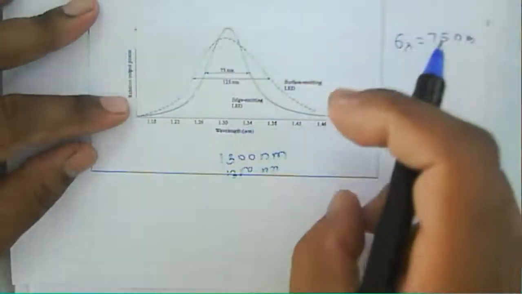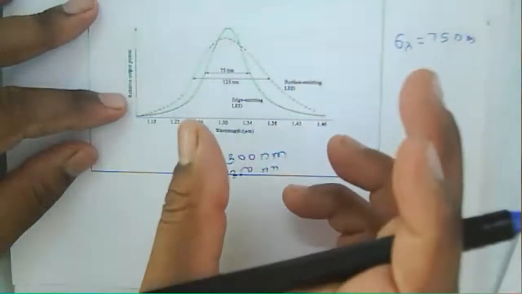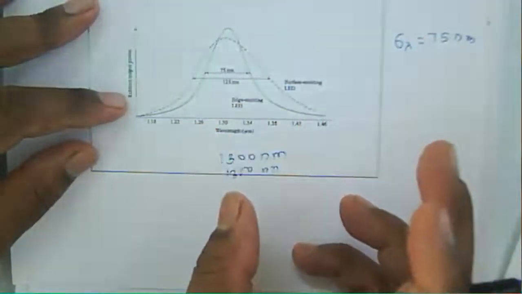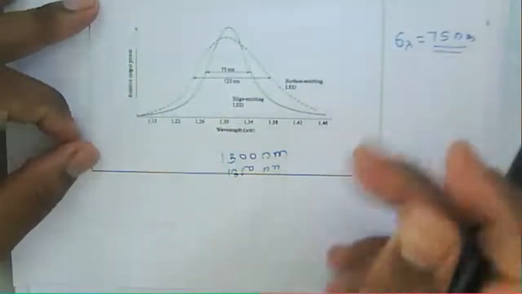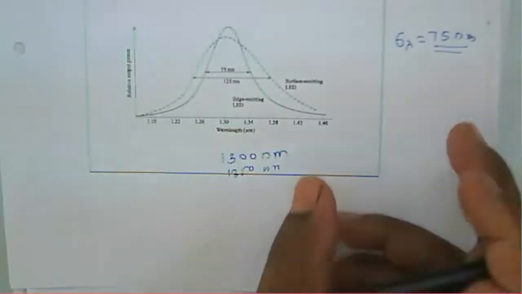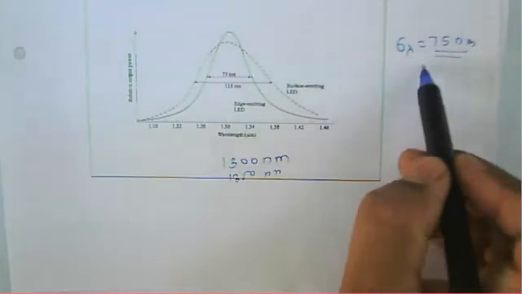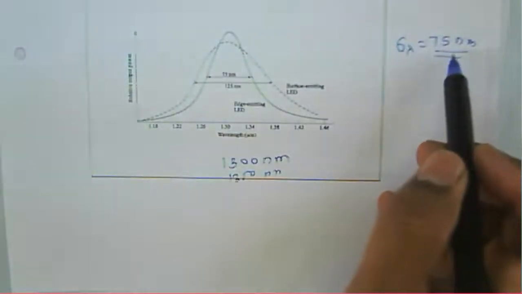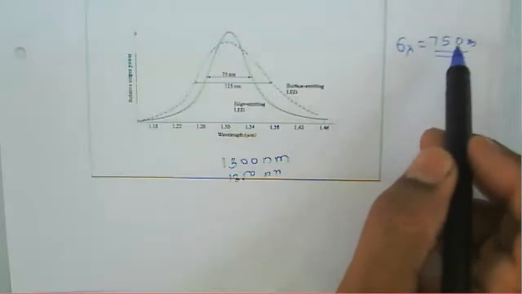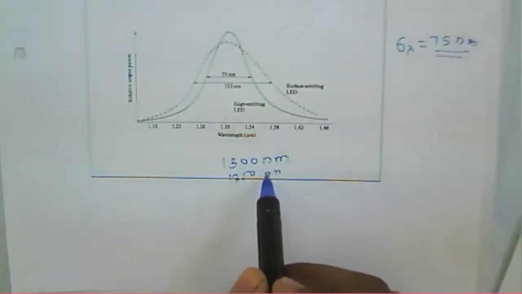Now, what do we mean by this particular spectral width? The spectral width means that for a given particular light emitting diode, we have the radiation pattern we are getting for the given spectrum. The spectral width will tell you about the radiation around 1300 nanometer. Suppose, for example, we take sigma lambda as 50 nanometer.